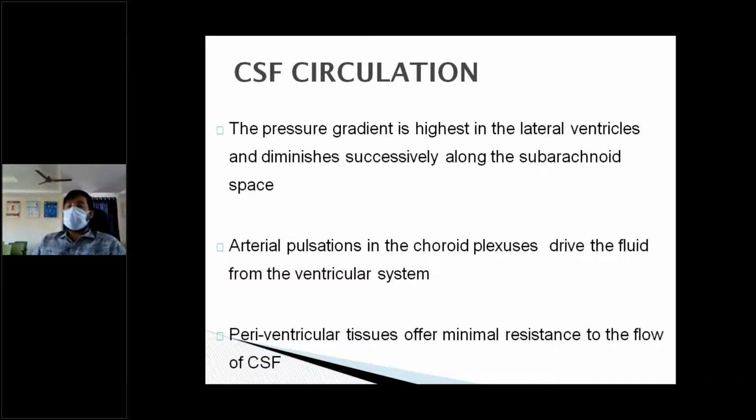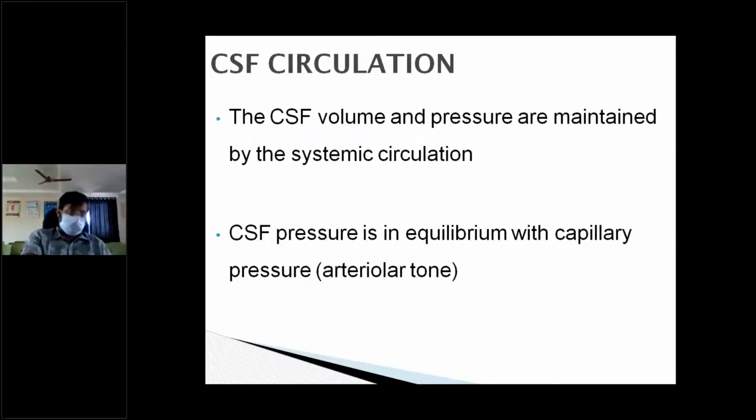The arterial pulsation in the choroid plexus drives the fluid from the ventricular system. The periventricular tissue offers minimal resistance to the flow of CSF. The volume and pressure are maintained by the systemic circulation within the brain and spinal cord, and the CSF pressure is in equilibrium with capillary pressure, that is the arterial tone.